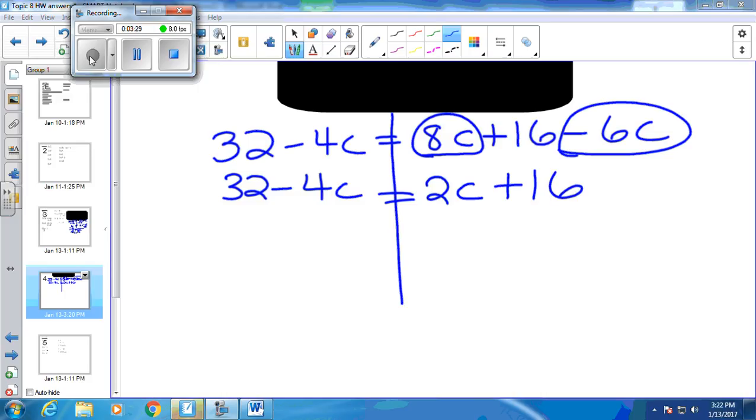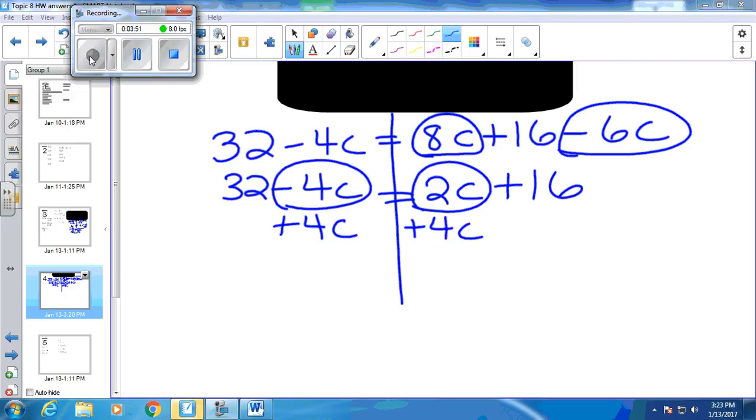But what would Mrs. Dean do? I'm going to look at my coefficients and variables, and I have a negative 4c and a positive 2c. I'm going to look to see which one has the smaller coefficient, and the negative 4c is technically smaller. So to cancel out negative 4c, I will add 4c to both sides.